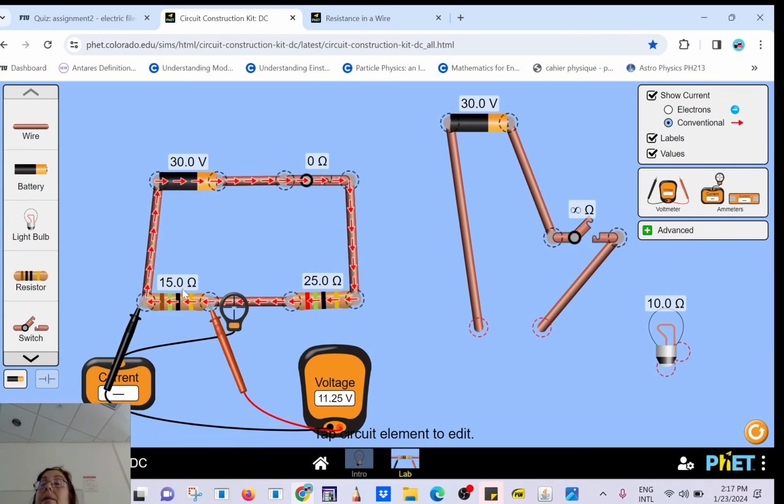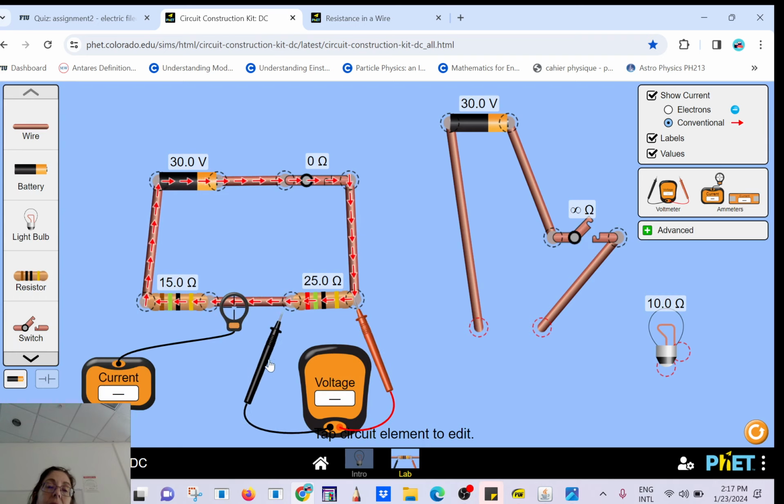So less resistance means less voltage drop. So it's very unhappy, okay, because it doesn't get the 30 volts it deserves. And then across the 25, here you have 18.75. So then you add 18.75 plus your 11.25, you're going to get 30 volts. Is that clear? Kind of makes sense.